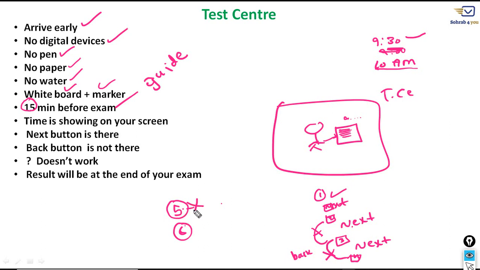You cannot do this. So solve question 5, then go for question 6, because you cannot come back. So the next button is there, but the back button is not there. You cannot come back from 6 to 5 to 3 like this. So be careful. And sometimes guys, the question mark doesn't work. So you should understand the command properly.